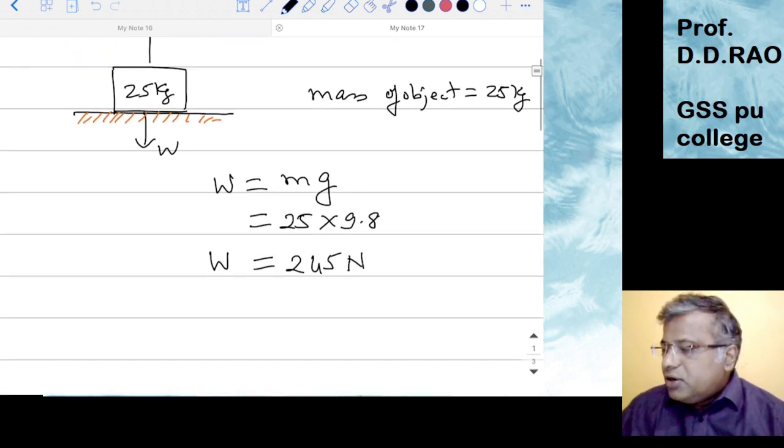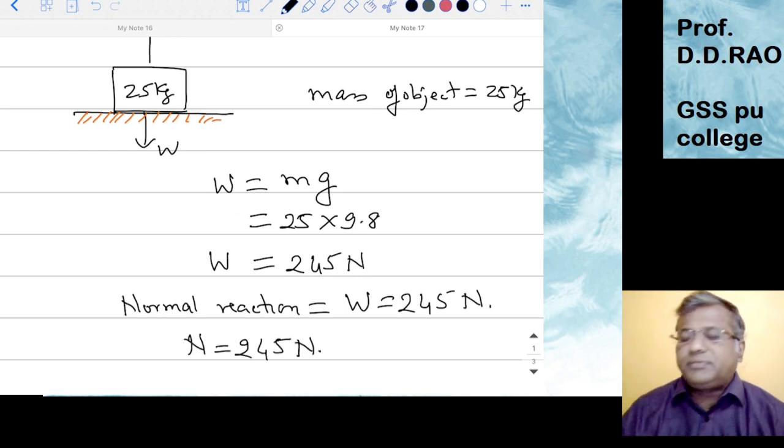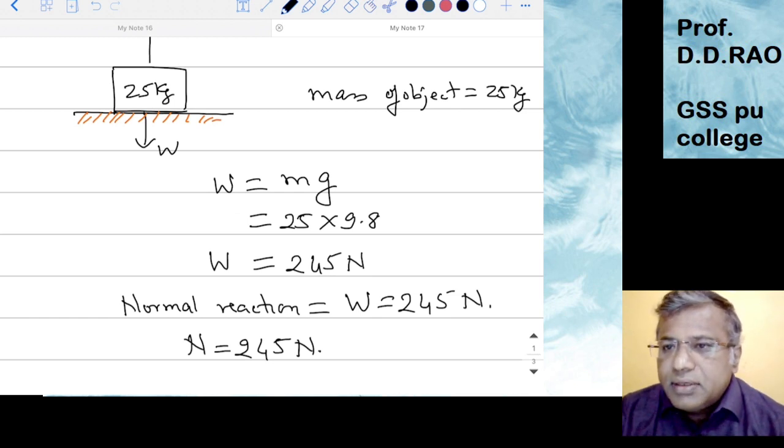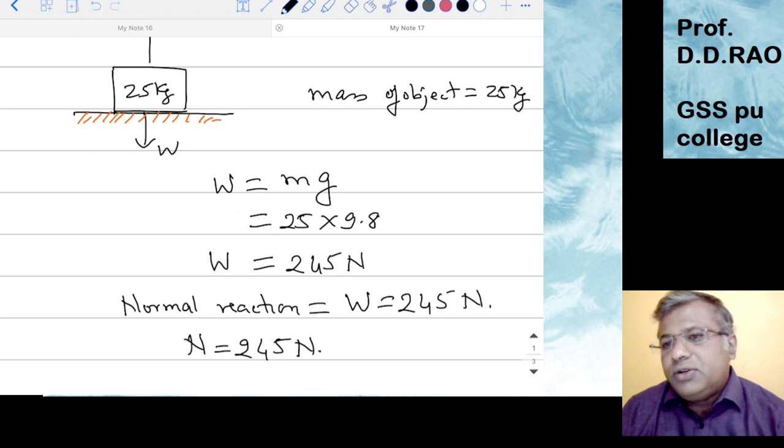So normal reaction will be equal to weight, and weight is equal to 245 Newton here. So I can say normal reaction is 245 Newton. This is how we basically calculate what is called normal reaction.